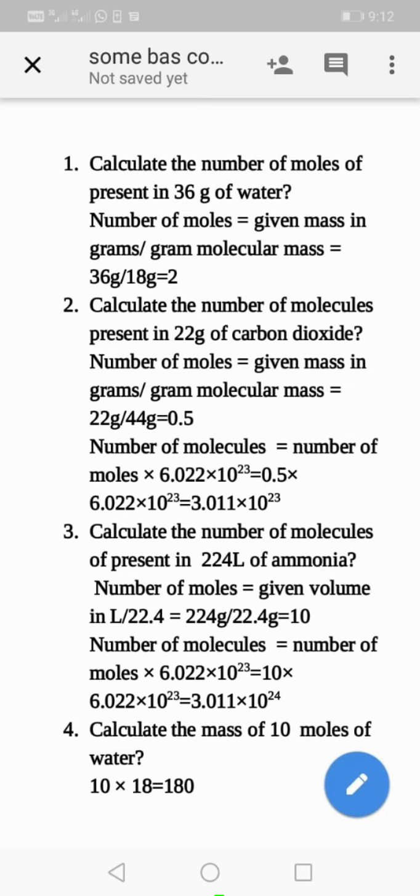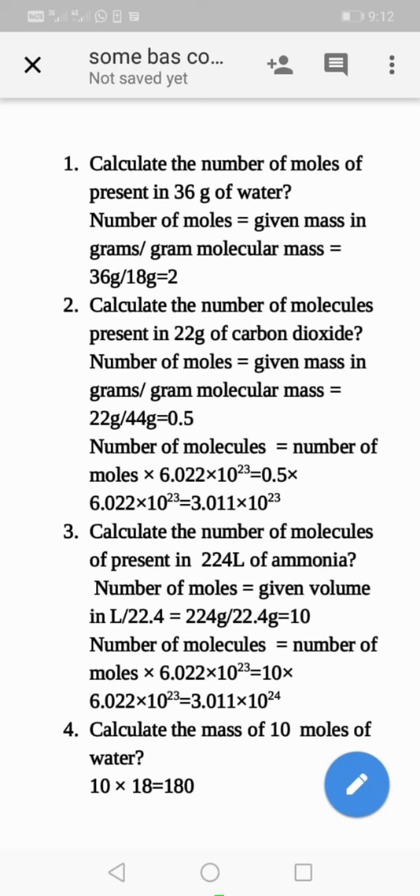Such a question is not given in the slide, but sometimes they can ask like that also. In some cases they will give the mass and you will have to find the volume, or they will give the volume and you are supposed to find the mass. Whatever the question, you will have to use the first two equations together, both are calculations for number of moles, isn't it? So the left hand sides of these two equations are the same, so you can directly equate the right hand sides.